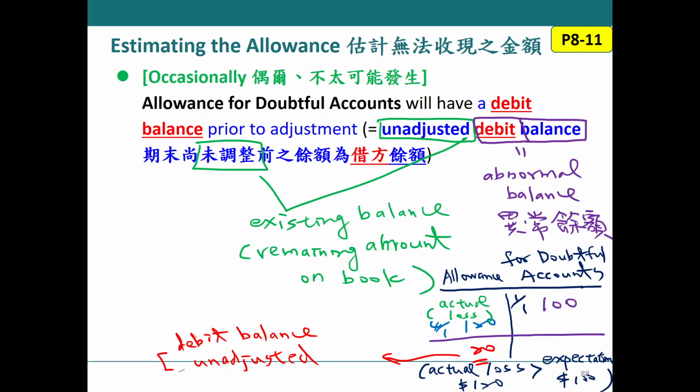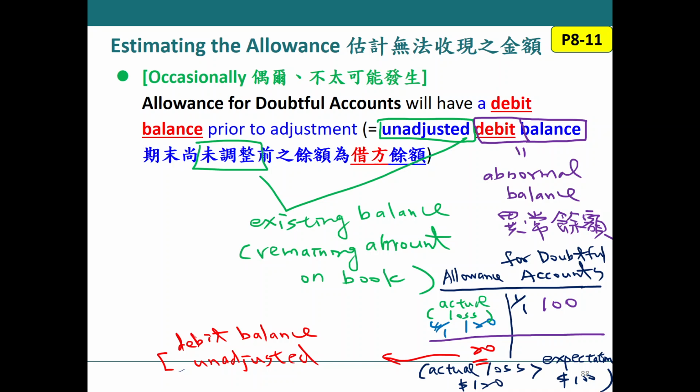Okay? Any questions? So when you find out there is a debit balance, since we told you it's abnormal, you should be very careful. It's not the normal case. Something happened. For example, what kind of event may happen? Financial crisis, right? 金融海啸. Usually when I expect, out of my 100 customers, maybe only one customer cannot pay the money back.